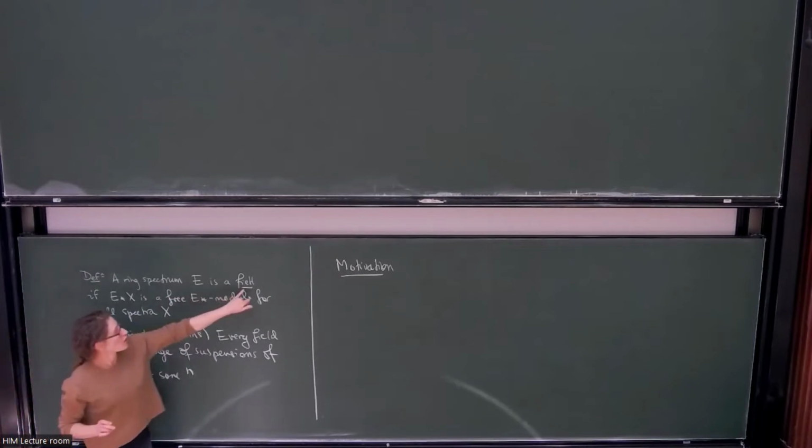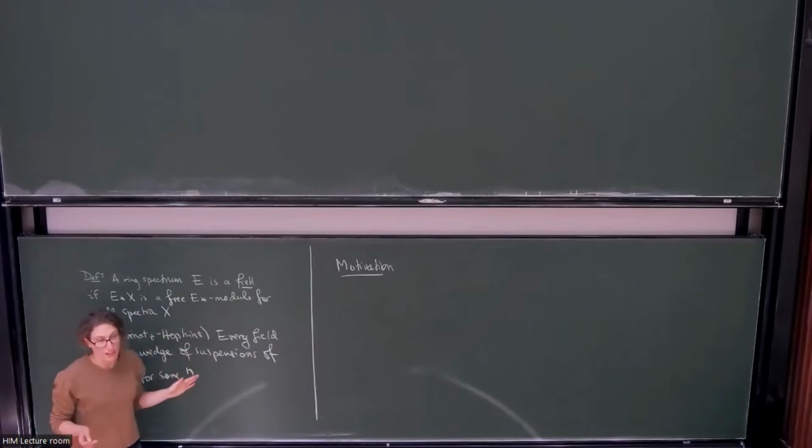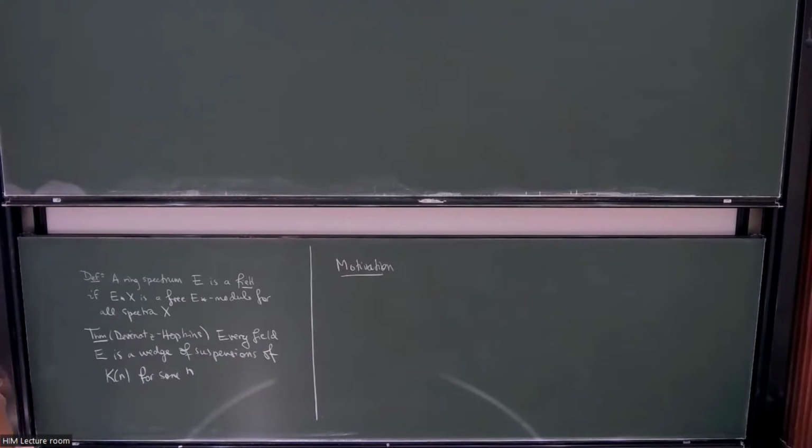This is the definition of the word field for Spectra if all of the modules are E star free. But in algebra, if you make that definition, then a product of two fields isn't a field. So maybe the question is if the Eilenberg-MacLane spectrum of the product of fields is a field in this sense.